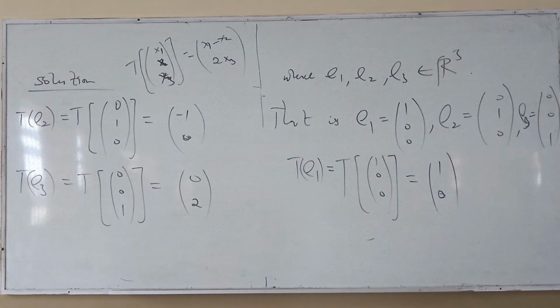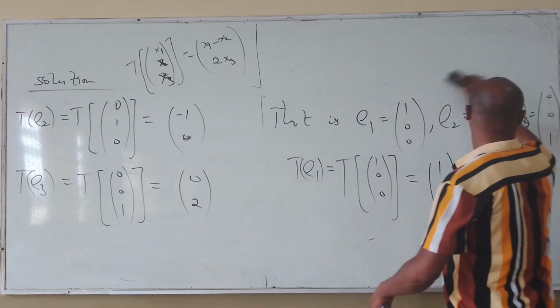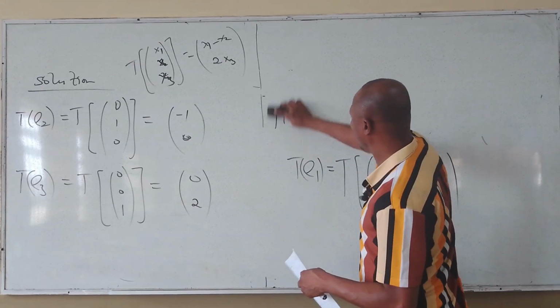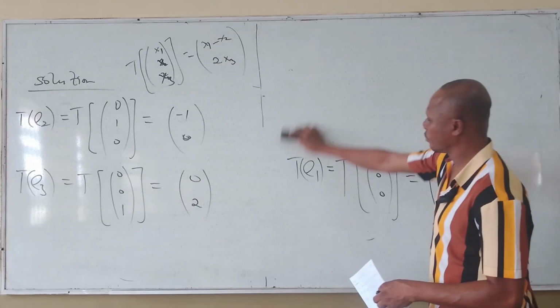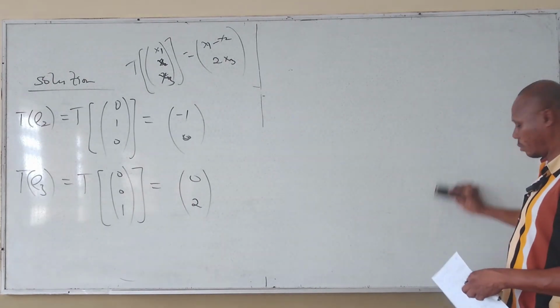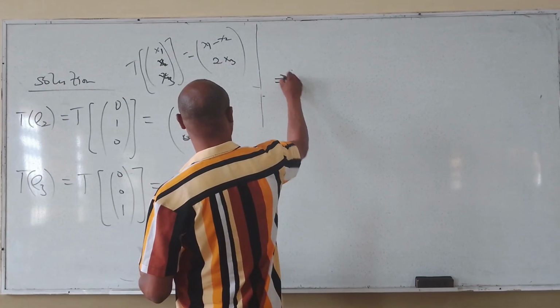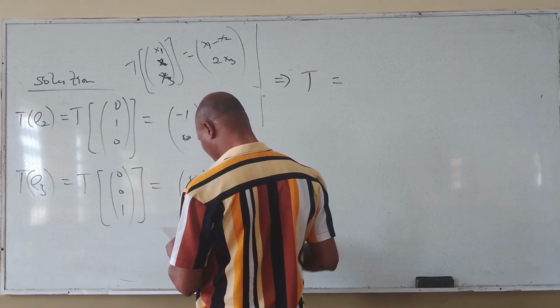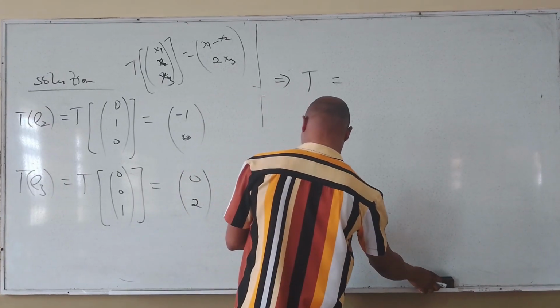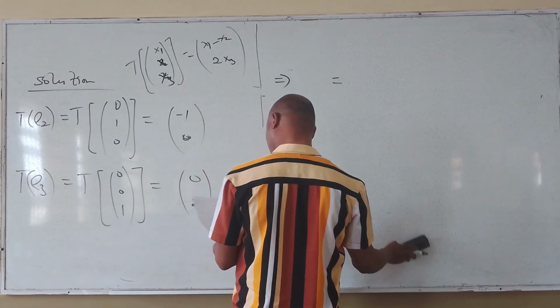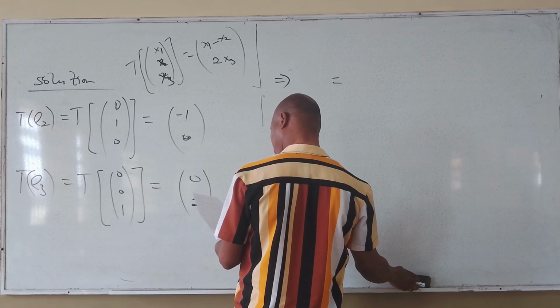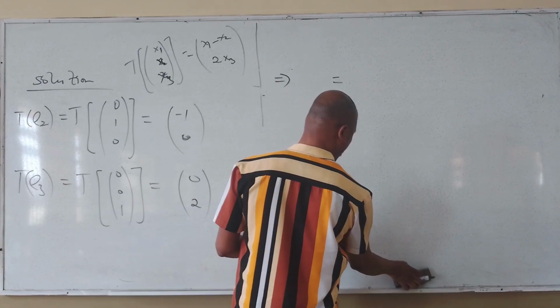You see, this is very straightforward. So this implies that the standard matrix, we call it A. Find the standard matrix, that's what this question says.